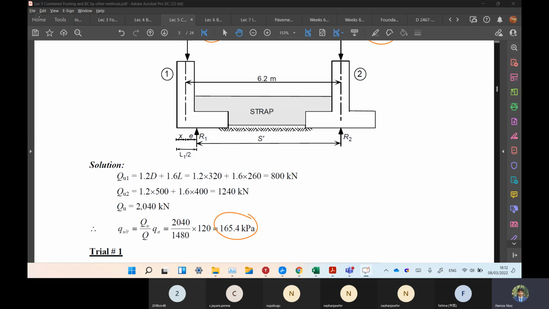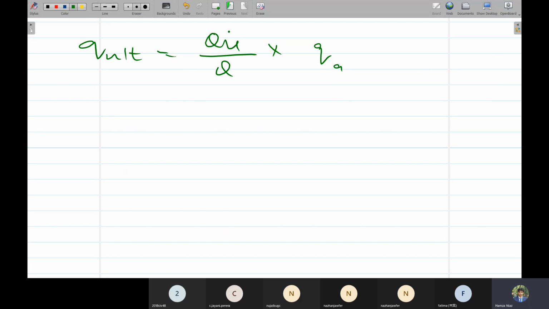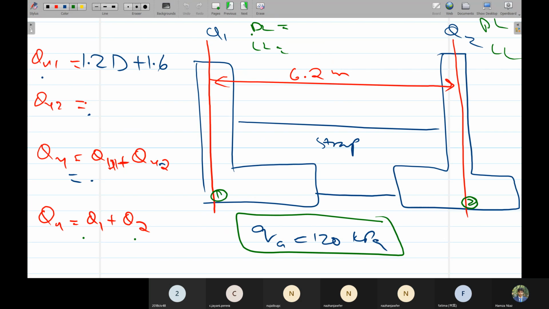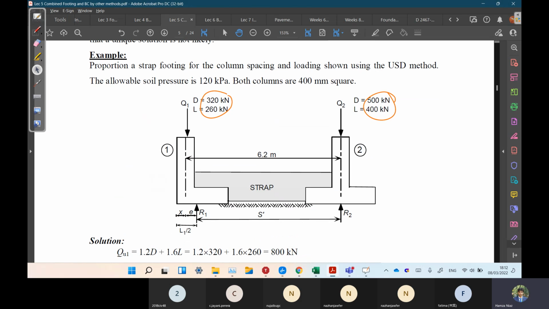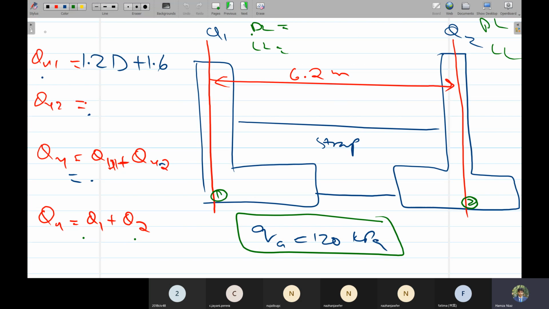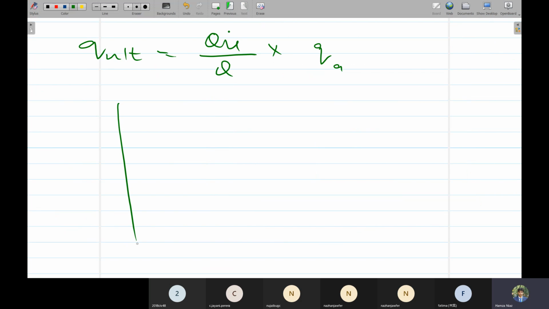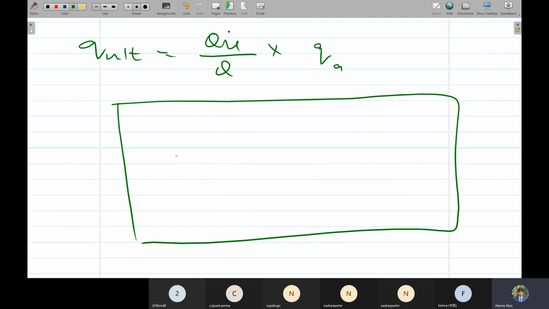Okay, we have calculated this ultimate bearing capacity. You know this column, this one, is at the edge of the property. If I draw this plan, these are two columns like this, and the first one is at the edge of the footing.